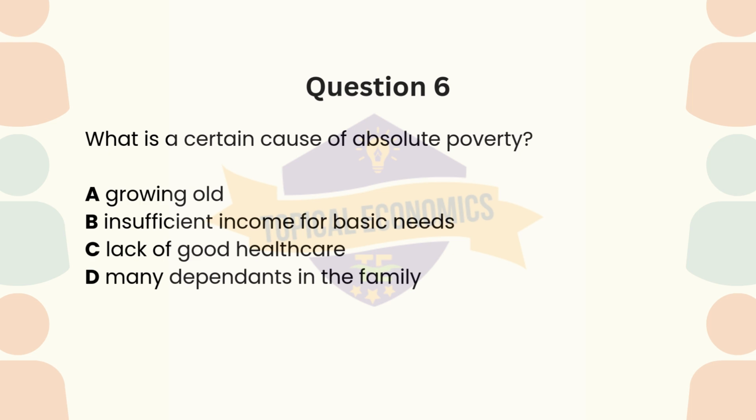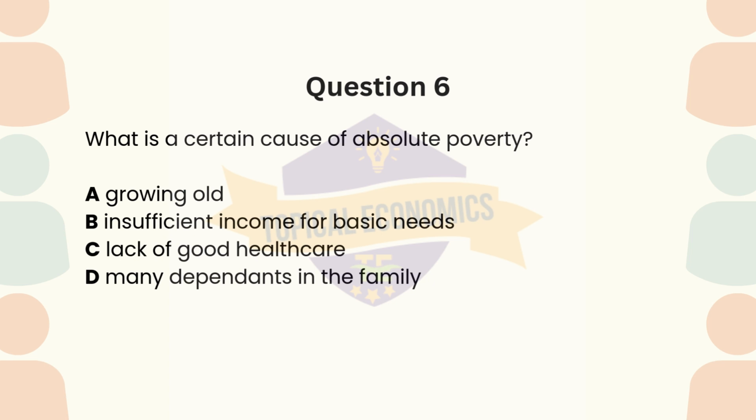Option B, insufficient income for basic needs. Now, this looks like it is correct. Absolute poverty is primarily defined by the inability to meet basic needs such as food, shelter, and clothing. So, insufficient income directly results in the inability to fulfill these essential requirements. So, this is correct. Let us still evaluate C and D also.